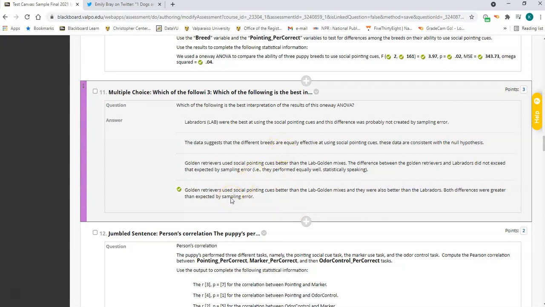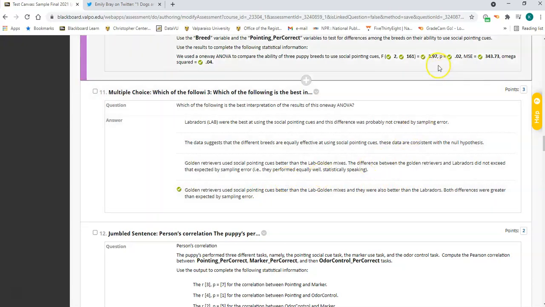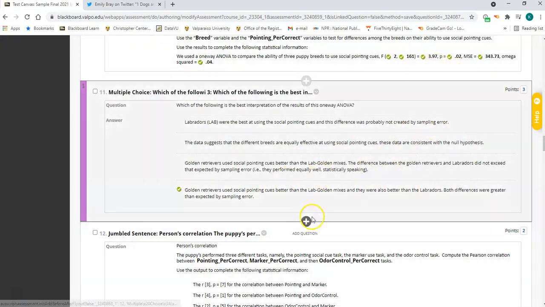Golden retrievers use the pointing cues better than the lab golden mixes, and they also did it better than the Labradors, and both differences were greater than would be expected by chance, or by sampling error, because both of those p-values were compelling. Now again, I might ask you a question about the d next time, so you should be able to interpret the d, the mean differences, everything.